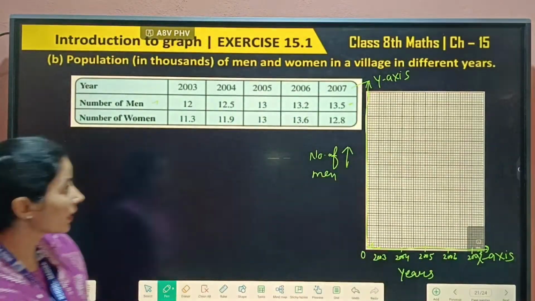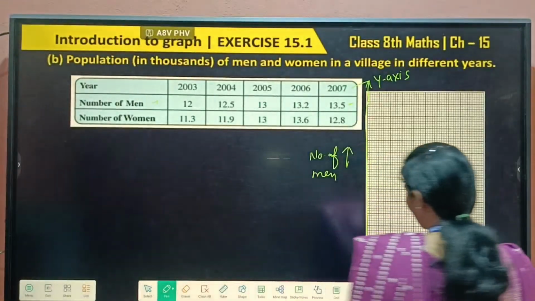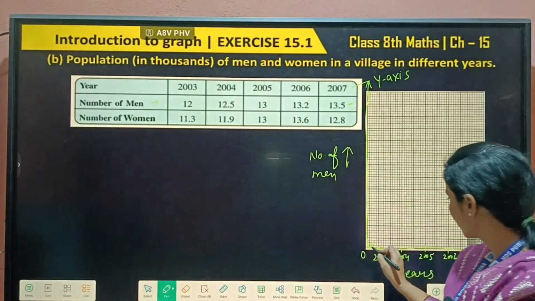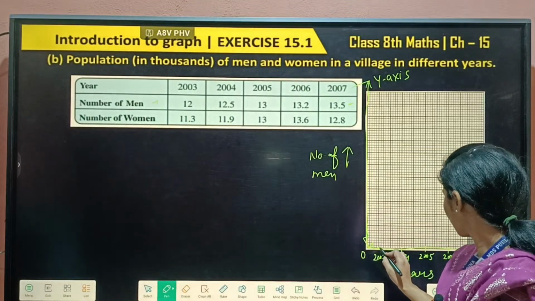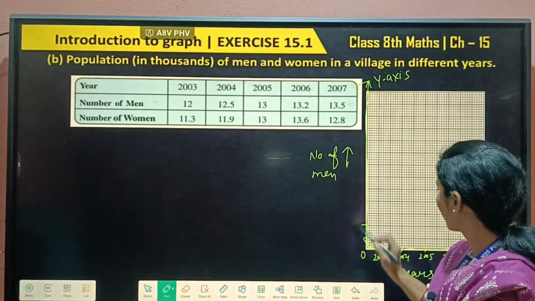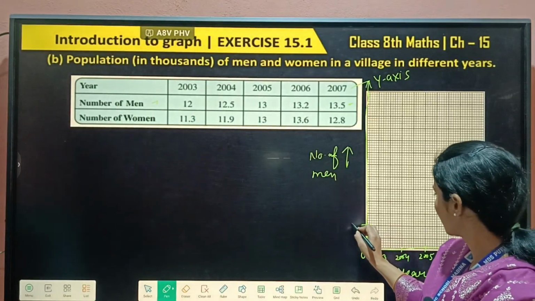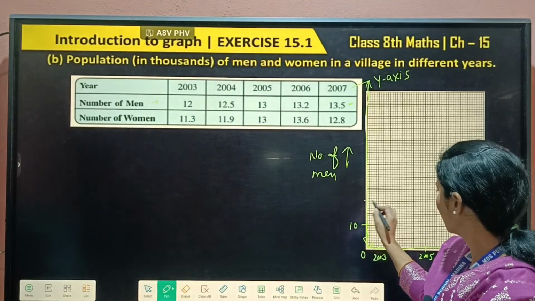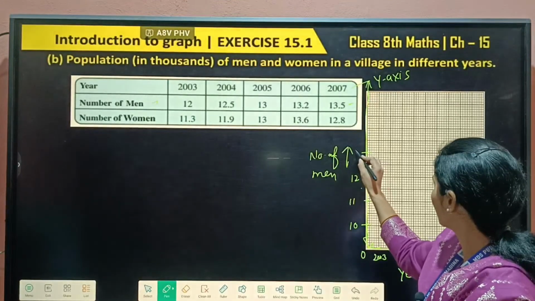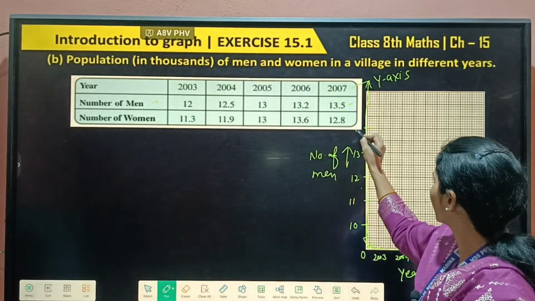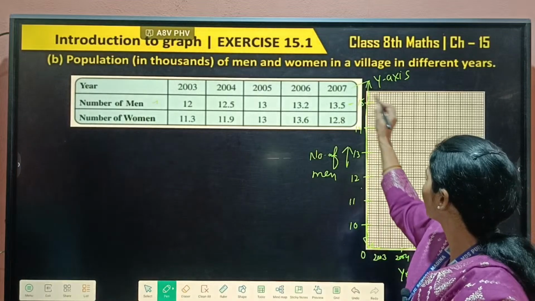Now see, the number of men is 12, 12.5, 13, 13.2 and 13.5. So I can take a difference of 1 in between. So from there to there I will show one jagged line, and then I will write from there 10, then 11, then 12, then 13, then 14, and then 15.